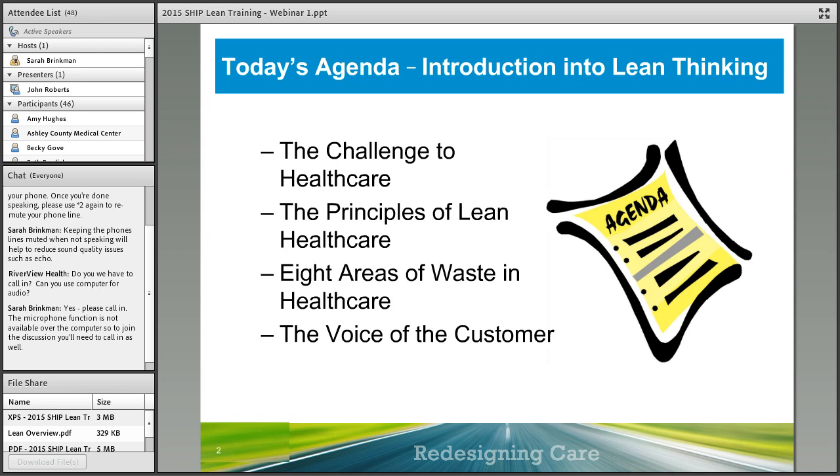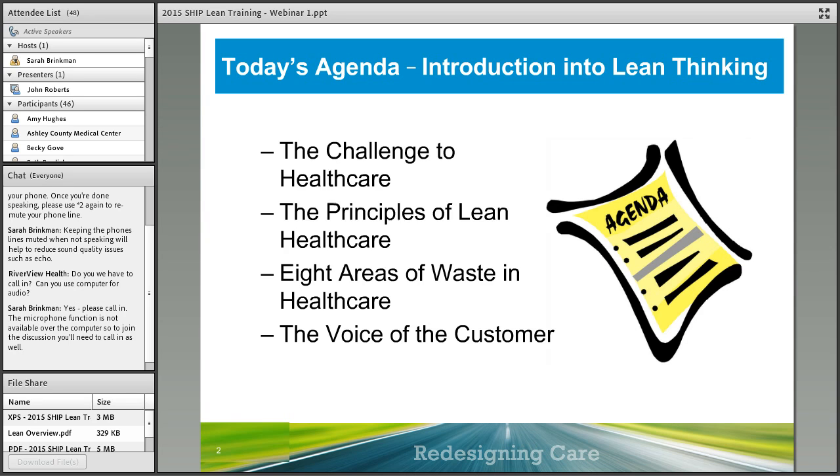One of the things I want you to walk away from today is the challenge that we have in healthcare as we move forward with whatever this redesign of the system will be. To be able to do lean work effectively, I think it's very important to ask yourselves why. Why do you want to get into looking at this particular methodology?